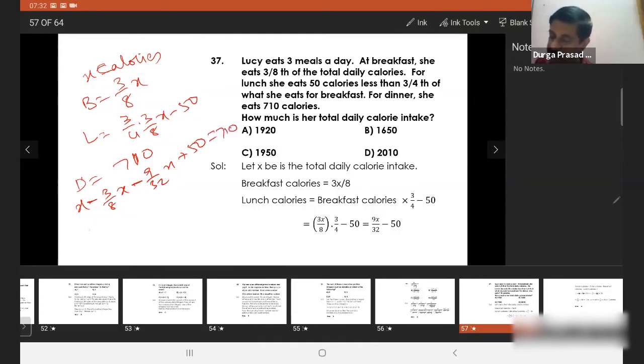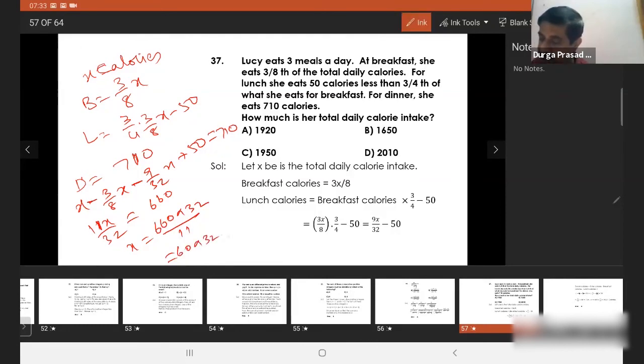So 11x by 32 is 660. So x is 660 into 32 by 11. That gives 1920. This is 60 into 32: 6 twos are 12, 6 threes are 18, 19, 0. So the option is A. Note it, children, fast, quick.